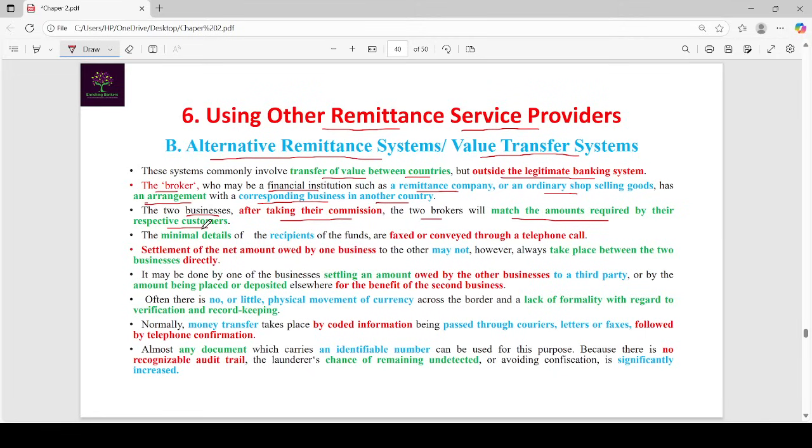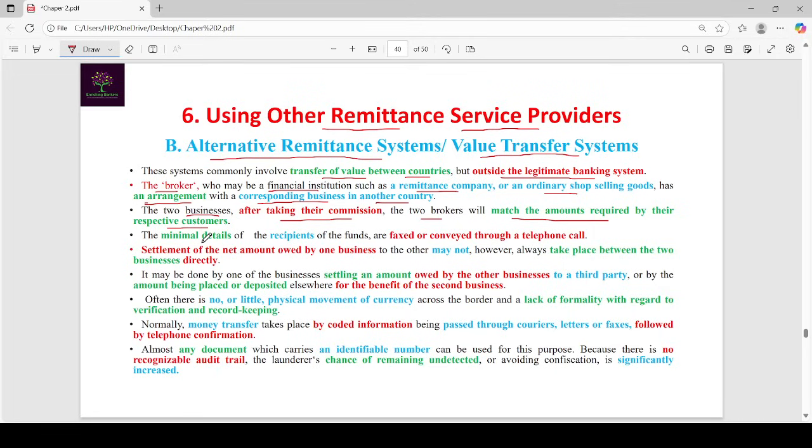Then they will tell how much money is to be given to the party. They take commission for currency exchange, and also a commission for their brokerage work. After that only they will tell how much amount is required to be sent to the destination country.